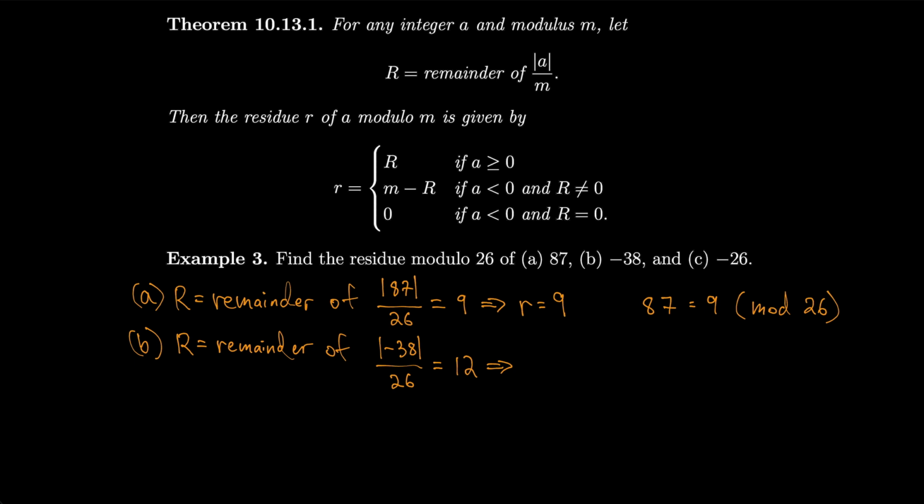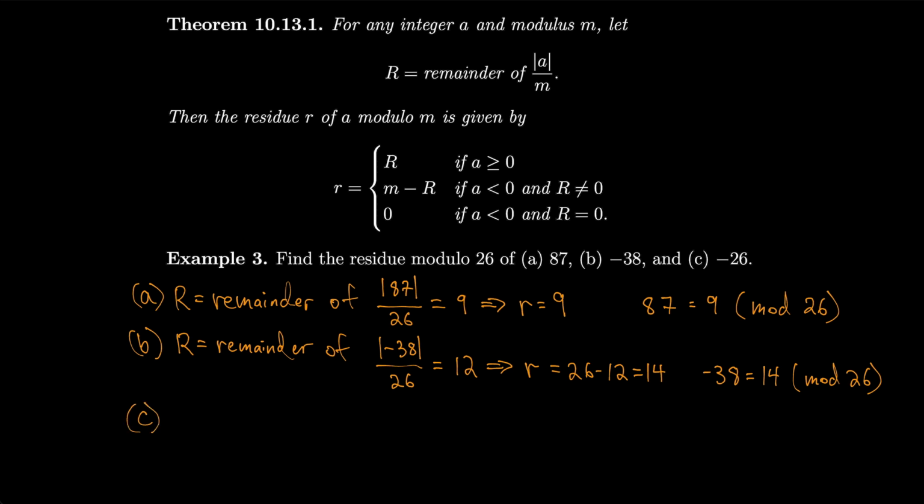Because our a was negative, the residue is m minus r. So it's 26 minus 12, which is 14. So we have negative 38 equals 14 modulo 26.